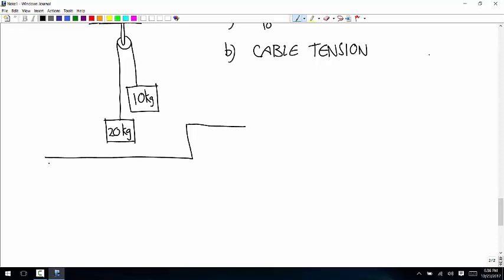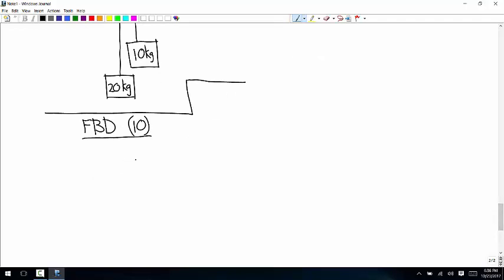Okay, so let's start by drawing a free body diagram of the 10 kilogram. The forces on it are gravity, so that's 98.1 newtons down.